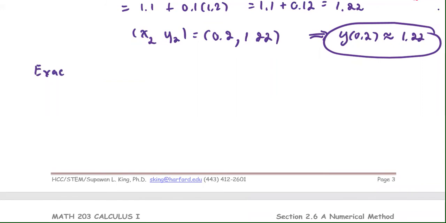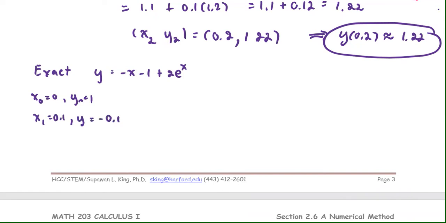Since we know the exact solution is y equals negative x minus 1 plus 2 times e to the power x, with x0, y equals 1, at x1, which is x equals 0.1, y is negative 0.1 minus 1 plus 2 times e to the 0.1, and that gives us 1.1103 for 4 decimal places.